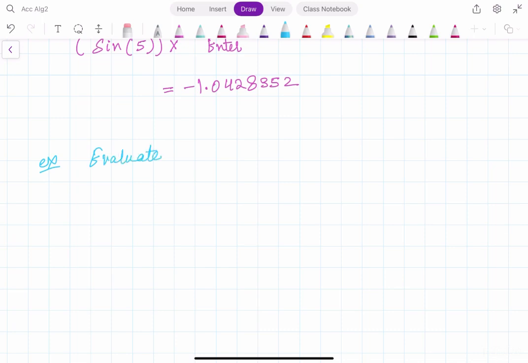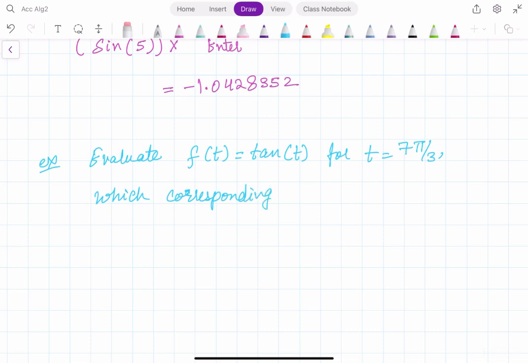Now another example, let's evaluate f of t equals tangent t for t equal to 7 pi over 3.